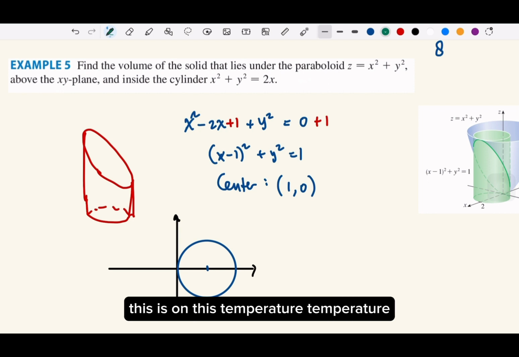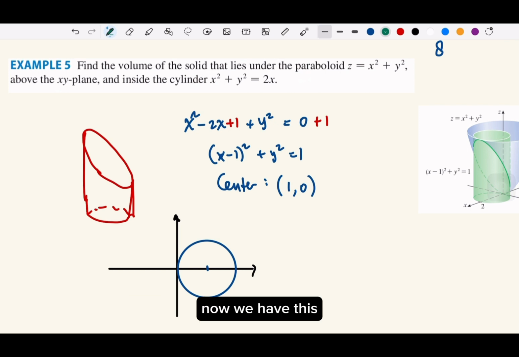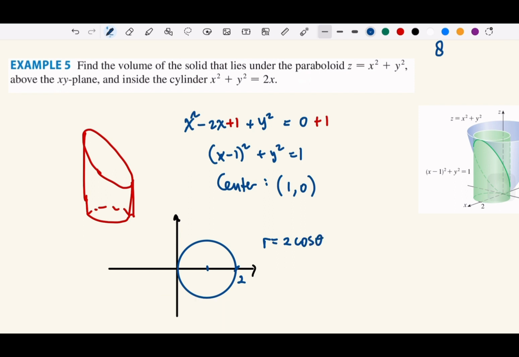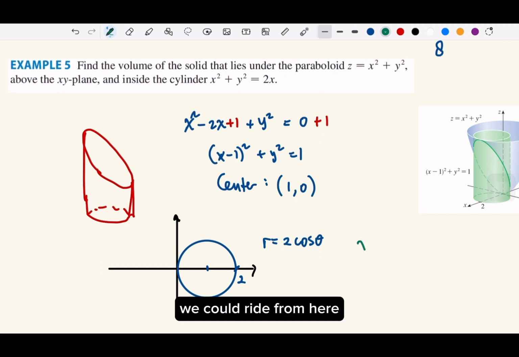This is from chapter 10, if you remember, on the polar curve. Now we have this side here is 2. So this r is actually 2 cosine theta, just from visual.